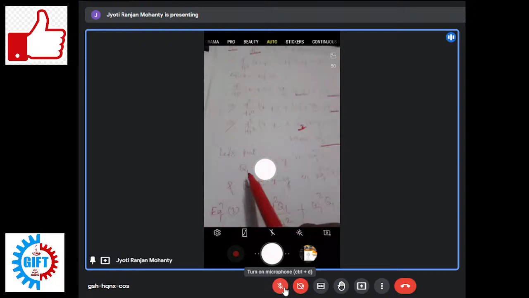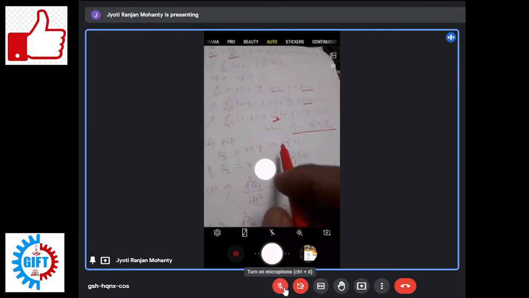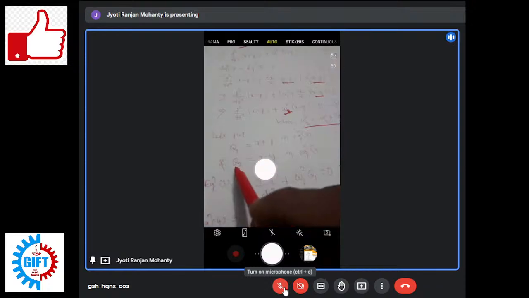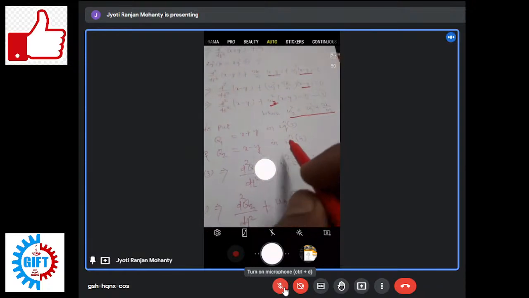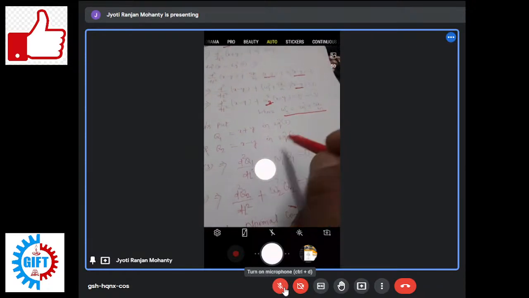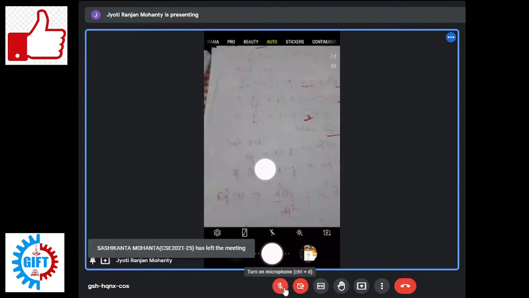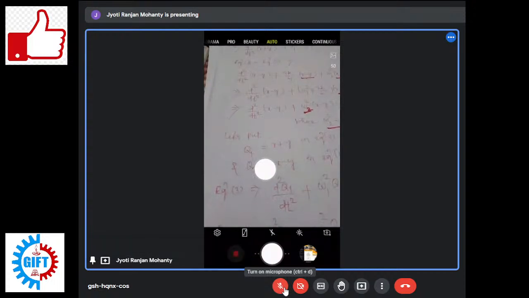Let us put q1 is equal to x plus y in equation number 3 and q2 is equal to x minus y in equation 4. So what will be your equation 3 now?